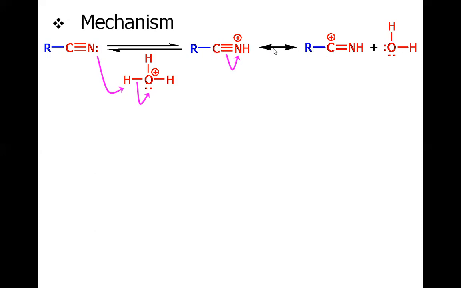So both are resonating forms, and we know that the first one is the better resonating form because it is fulfilling the octet rule. But in the second resonating form, the central carbon does not have the octet, rather it has the sextet. Anyway, the water attacks this electron deficient carbon, whether it attacks here or attacks this carbon, it makes no difference.